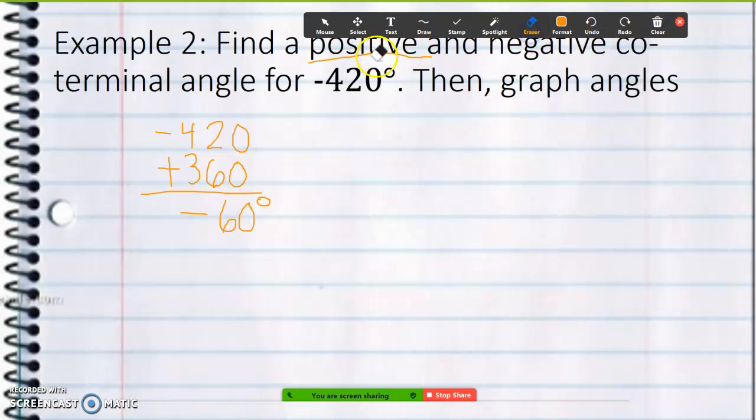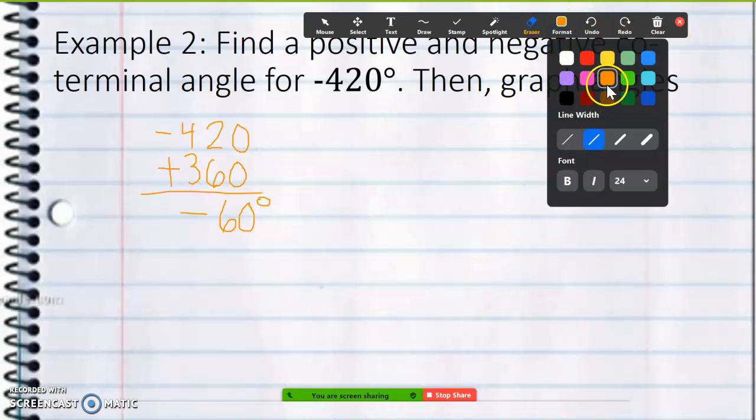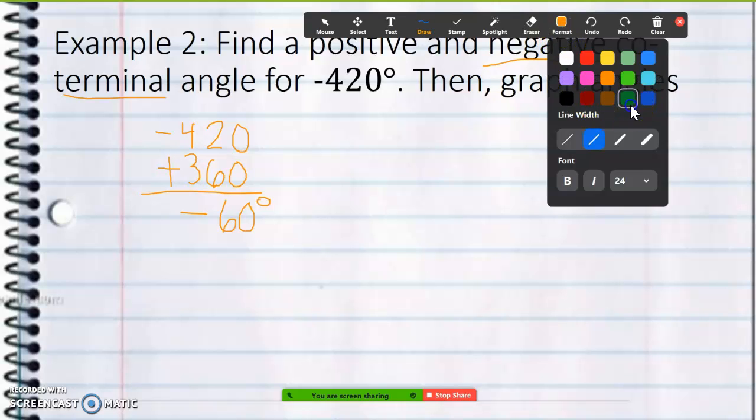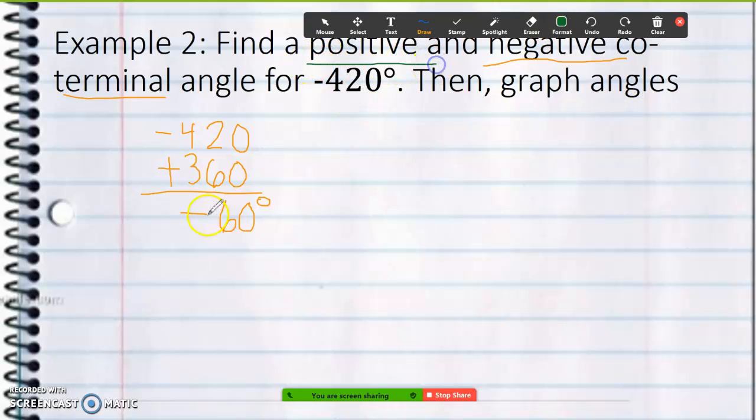If you notice, negative 60 is still a negative coterminal angle. So I know that we added 360 degrees, but since this number is still negative, that is a negative coterminal angle.